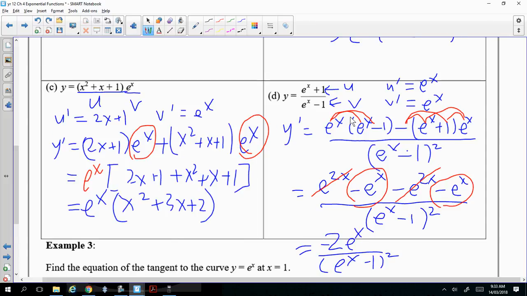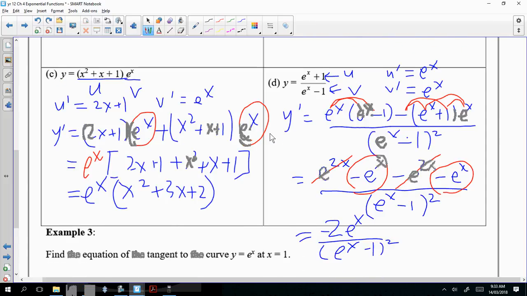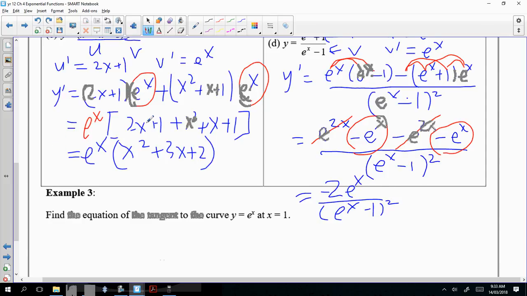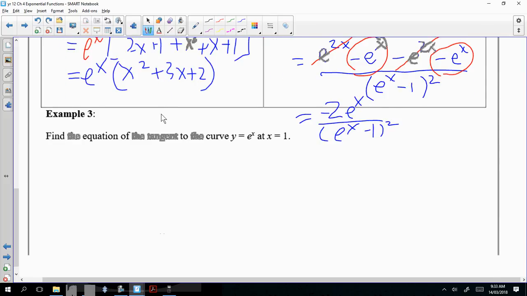Alright, so after we do this, the next natural question to ask is to find the equation of the tangent. And that's not hard to do because all you have to do is find the derivative to find the gradient. So if I find dy dx, you get e to the power x. The gradient of the tangent is when you substitute x equal to 1 in, which is just e. And then what you do is, we need to find the y value, right? We need to find the point.